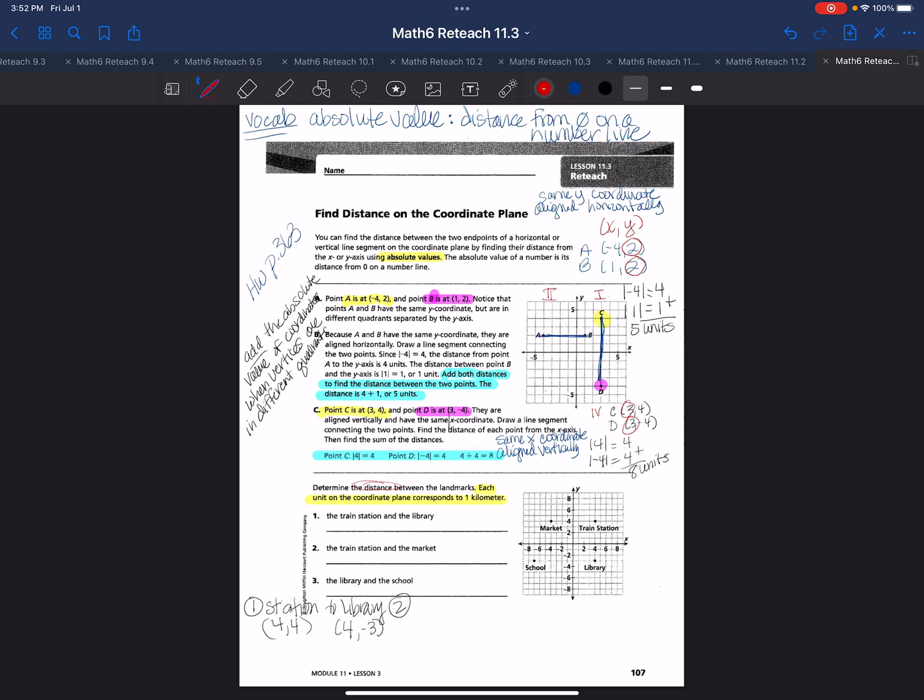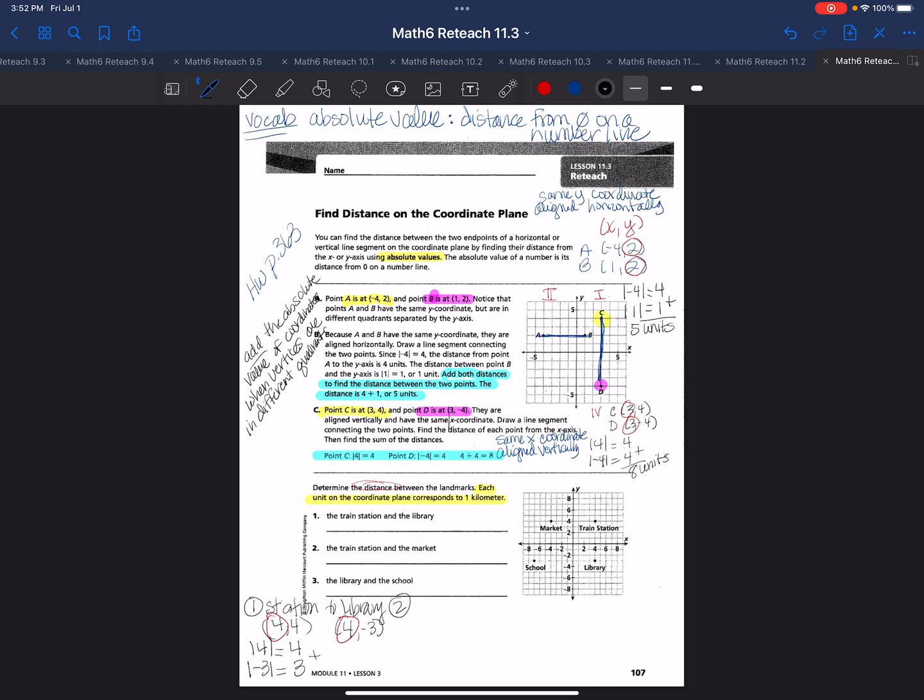So we need to look at this. What do they have in common? They have the same x coordinate. So because they have the same x coordinate, I need to take the absolute value of the y. And the absolute value of 4 is 4. Absolute value of -3 is 3.